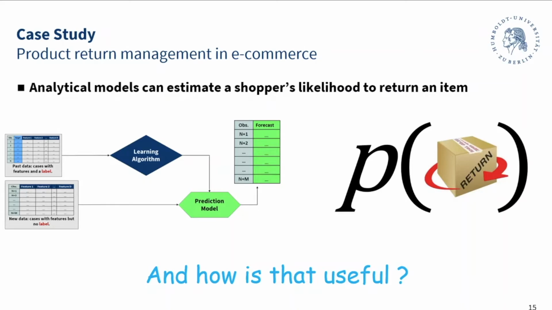So the expected revenue is less than the expected cost of handling the return. I want to nudge him to not buy. You need to determine how high the probability of return should be before you nudge the customer to not buy.